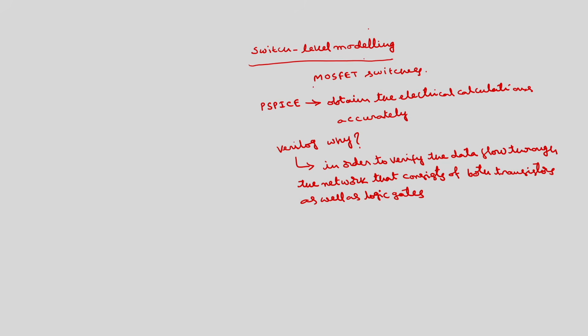Basically, in this switch level modeling we are going to deal with the MOSFETs, and it explains the behavior of the MOSFETs. If I take the n channel MOSFET, it has 3 terminals, in fact 4 terminals, but the substrate we will not discuss here. One is called gate, another is called source, another is called drain.